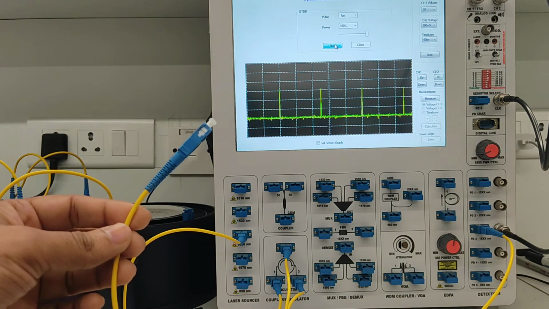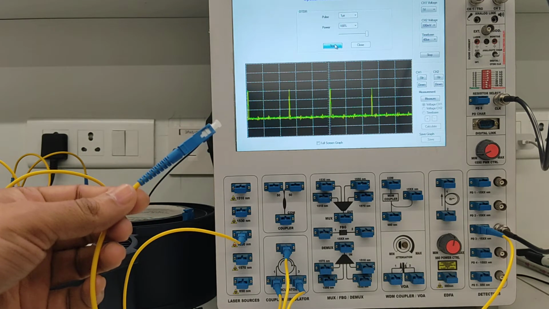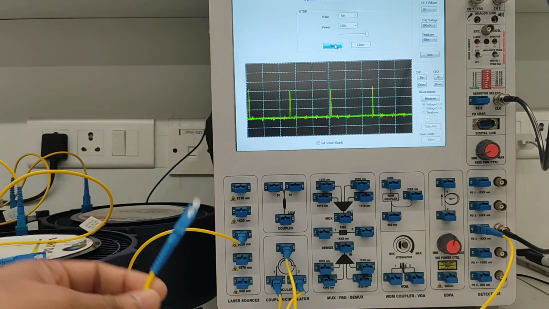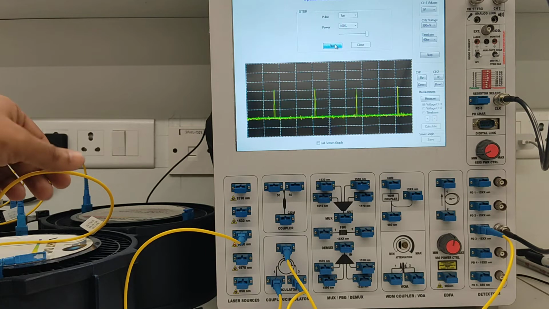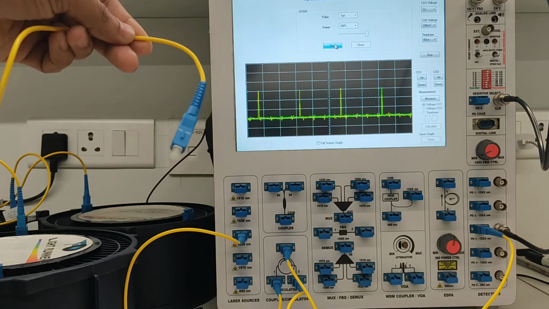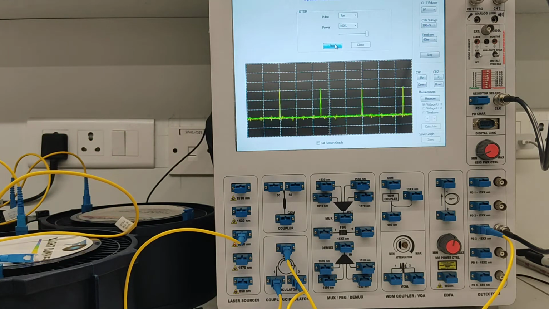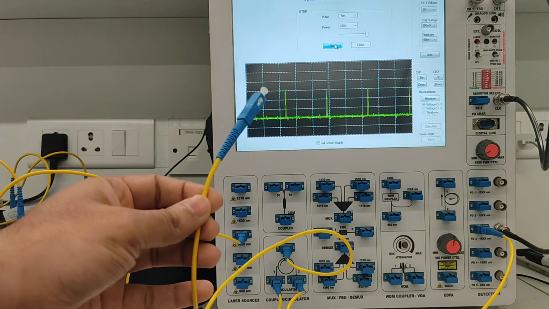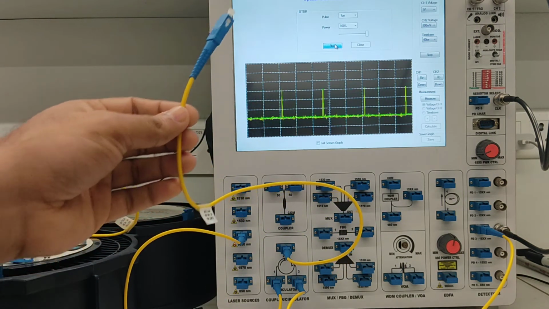The other port gets connected to the input port of the second spool, and this way we can get a 6 kilometer long fiber. The output from the last fiber spool is left free. Now we can see what the reflected wave pattern will be. I'll connect this to the input port of the fiber spool and you'll see the magic.